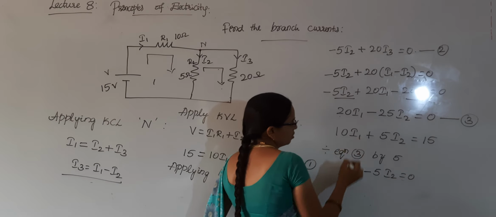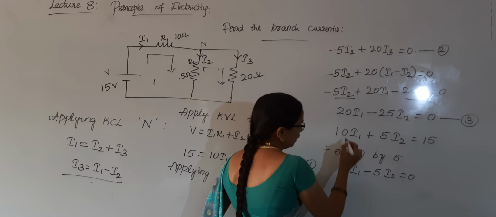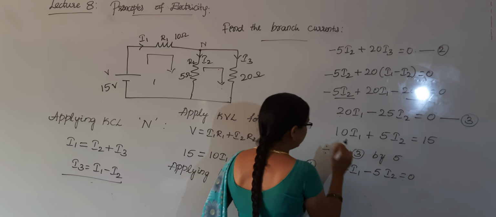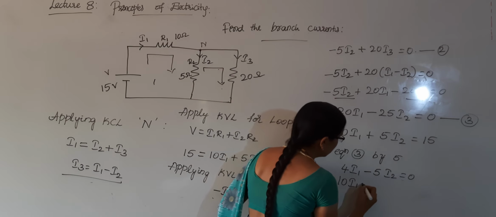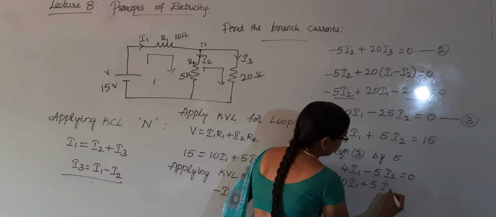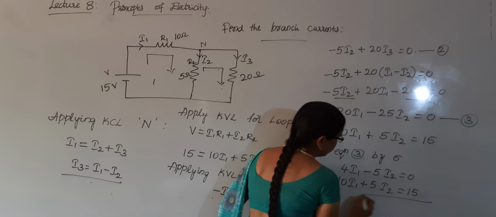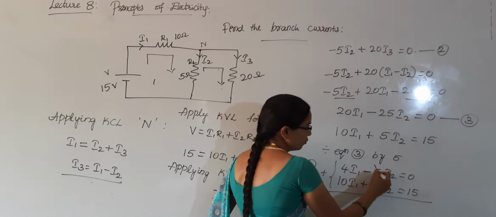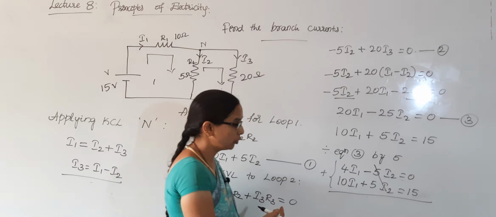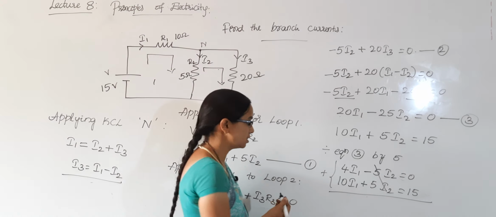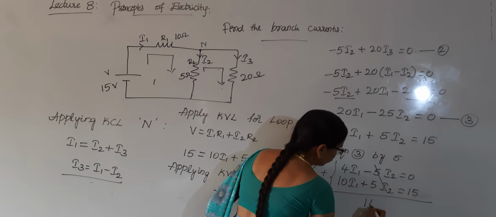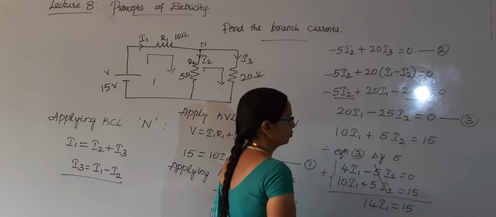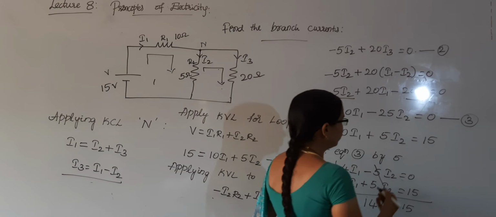Five 4s are 20, five 5s are 25. Here, equation 1 is 10 I1 plus 5 I2 is equal to 15. If you add these two, what happens? Plus 5 I2 and minus 5 I2 get cancelled. What I will get is 14 I1 is equal to 15.